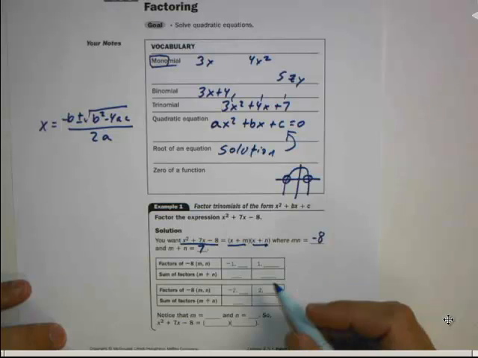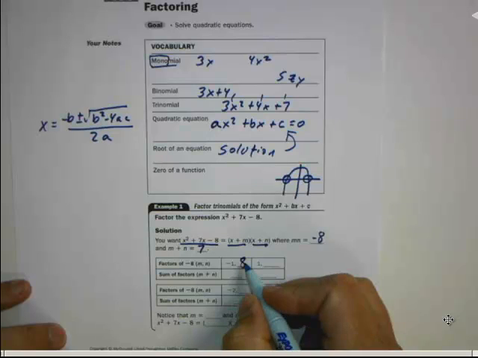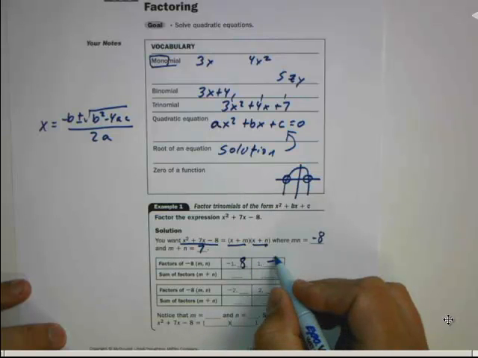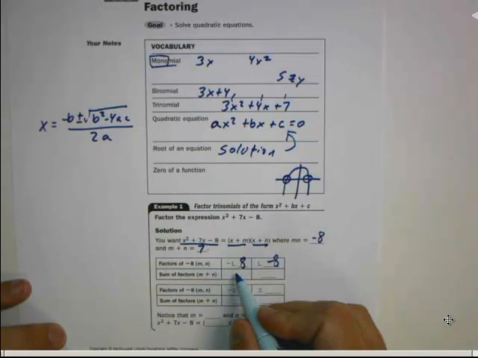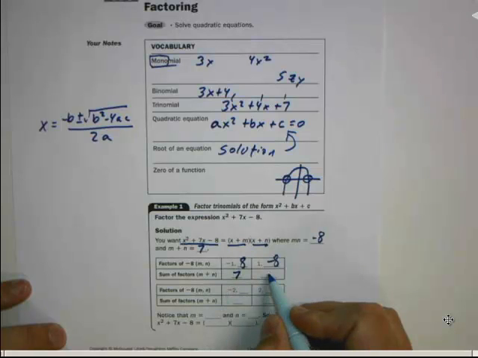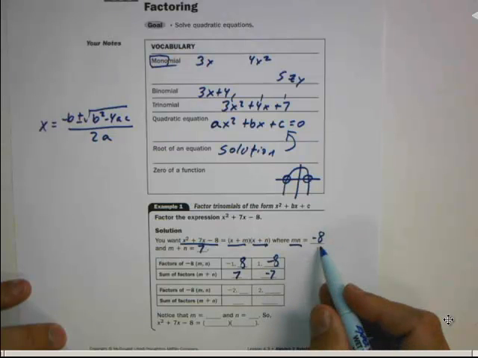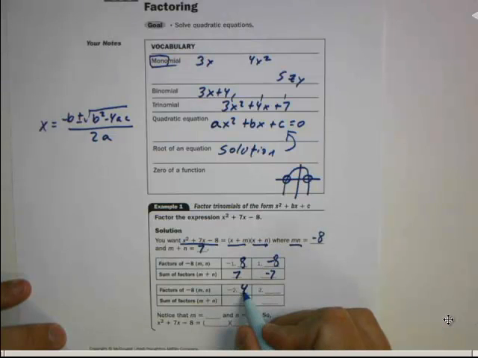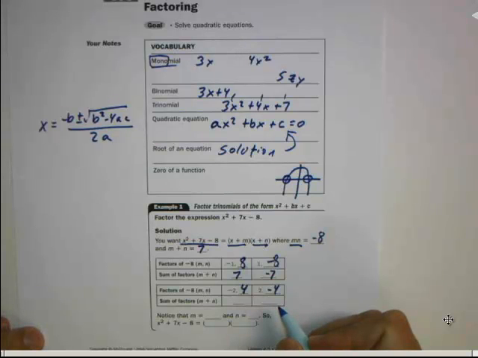So if I look at the factors of -8, we got -1 and 8. And we got 1 and -8. Those are two factors. When I add these two together, I get 7. When I add these two together, I get -7. Other things that when multiplied together get me -8 are -2 and 4, 2 and -4. And so when we're taking a look at that, the sum of those would be 2, and the sum of these ones right here would be -2.